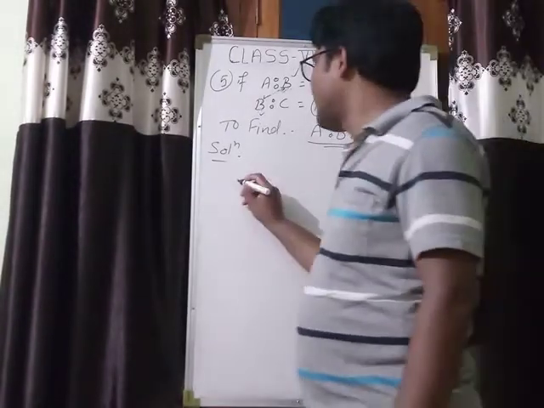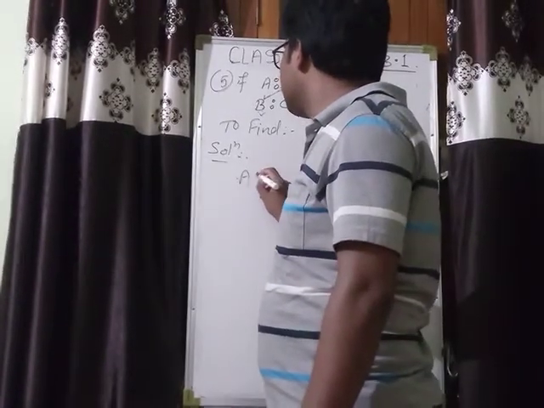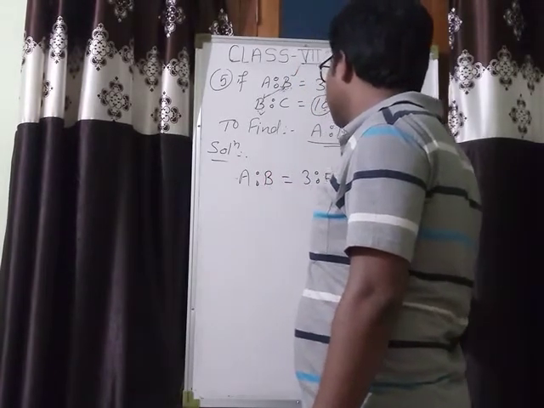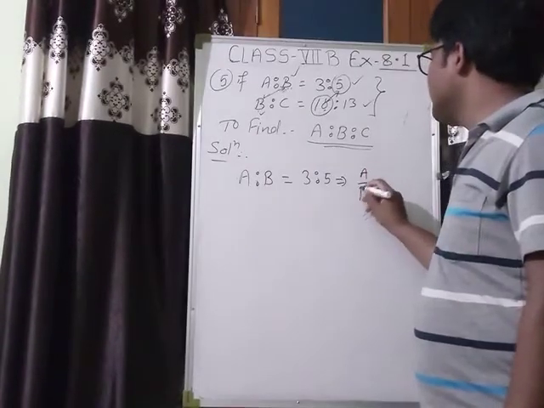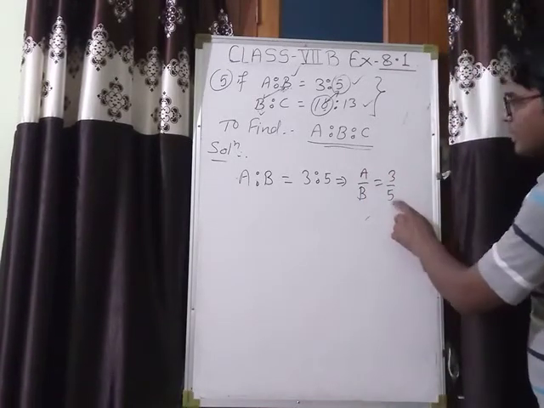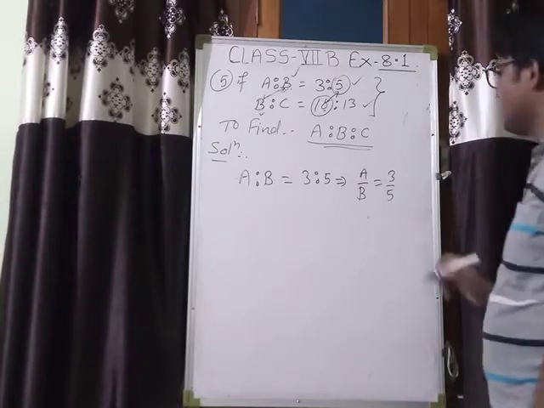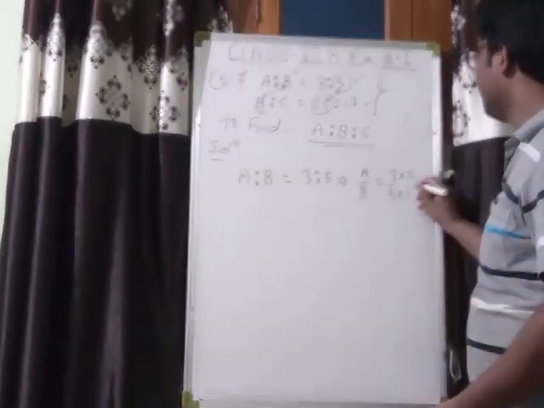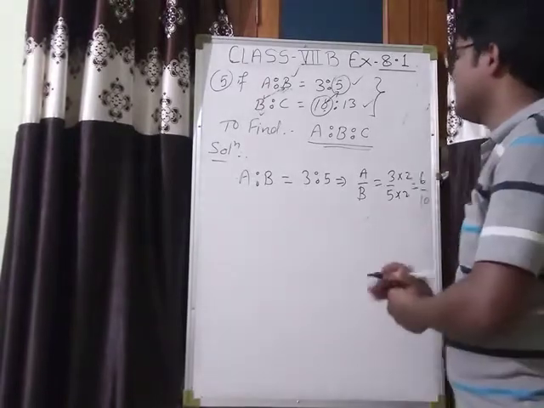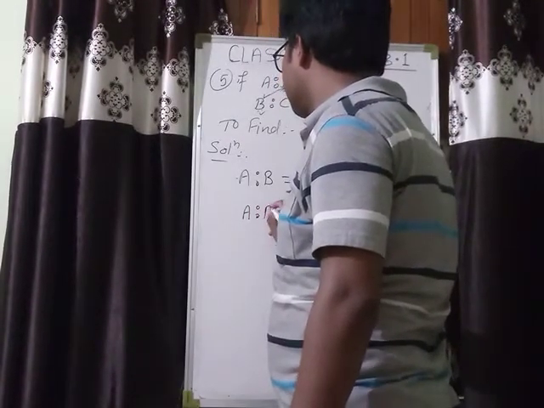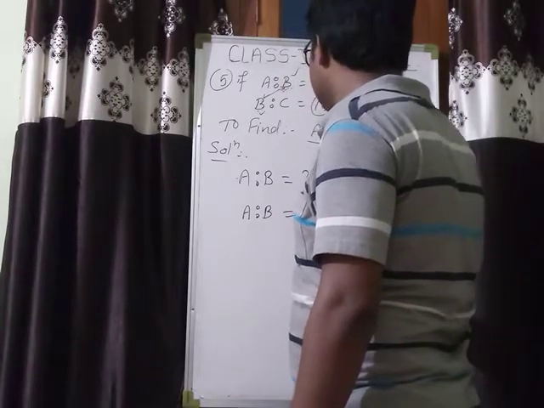See how we can find out. A is to B is 3 is to 5, means A upon B is 3 upon 5. Now make this 10. How will it become 10? Multiply this by 2, and multiply this by 2. That will be 6 upon 10, means A is to B is 6 is to 10.